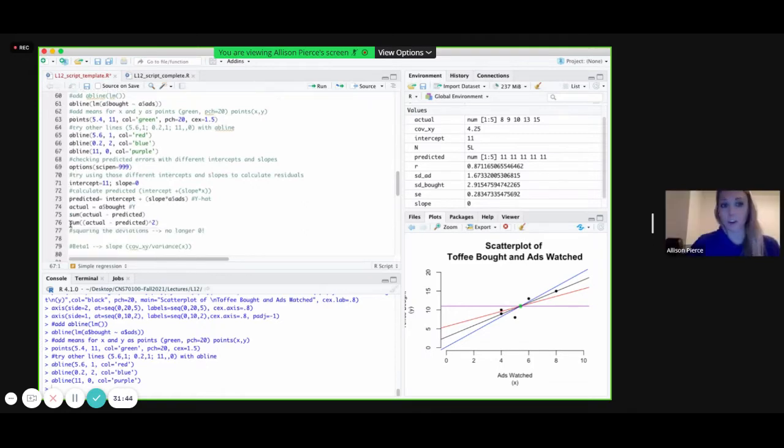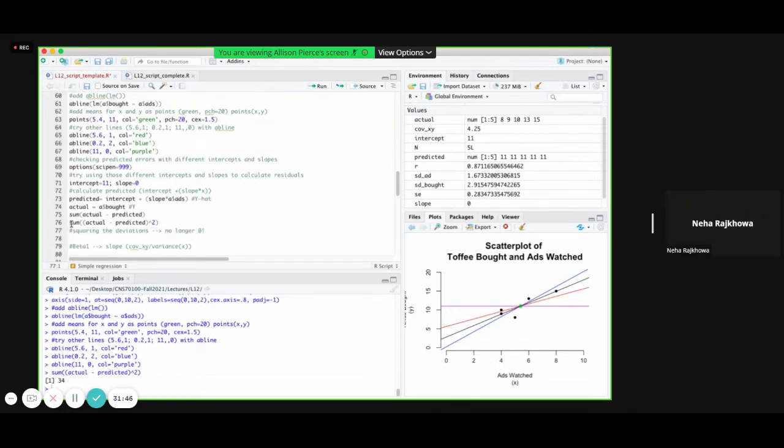Yeah, I'm getting an error too. I ran the points line, and then I ran the abline, which was lm. I thought at that time it worked, but it's not working.